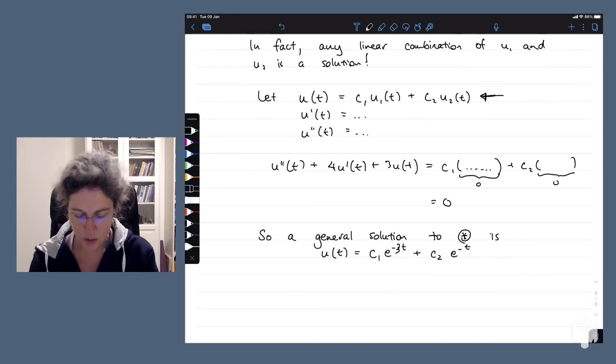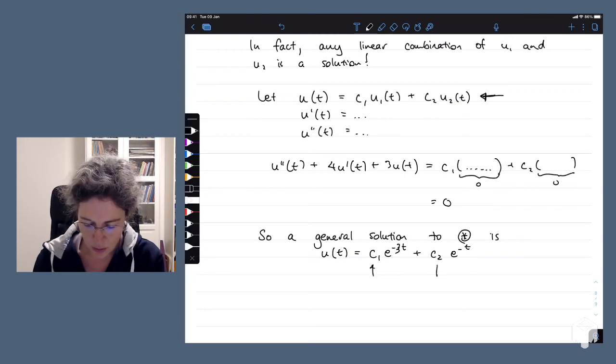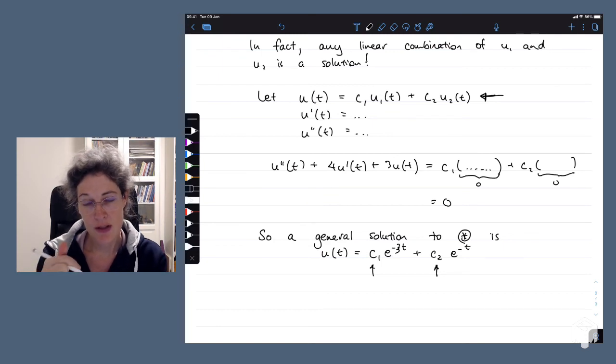And it's worth pausing at this point to say, does this make sense? We've found a solution that has two constants in it. And if you think back to integration, it absolutely makes sense, because when we've had a single derivative and integrated, we get one constant of integration.